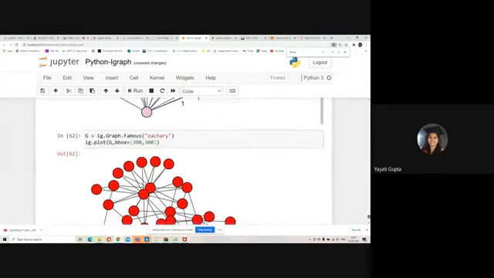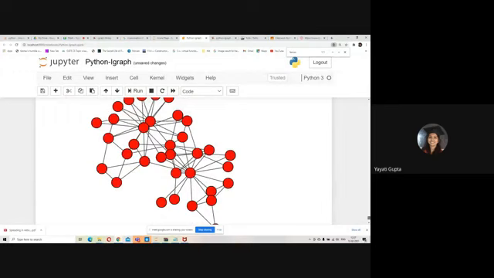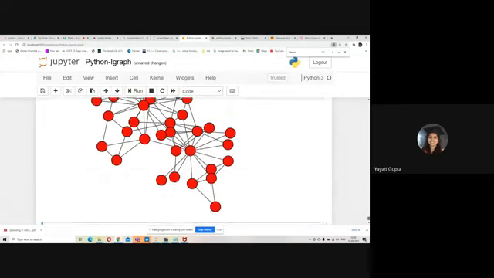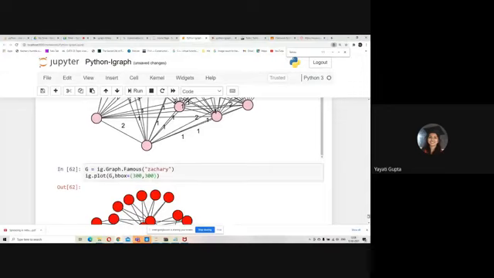So it looks much like a real world network. You would also be getting a sense that there are two communities in this network, two big communities and maybe four small ones. We'll also apply a community detection algorithm and see what exactly those communities are.